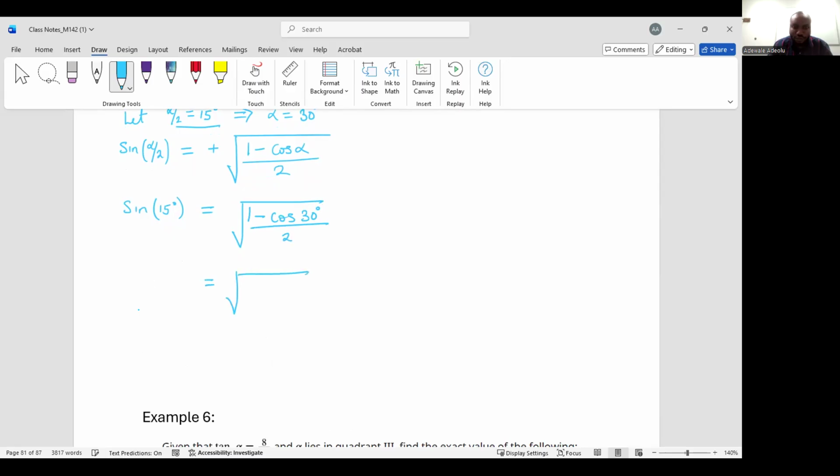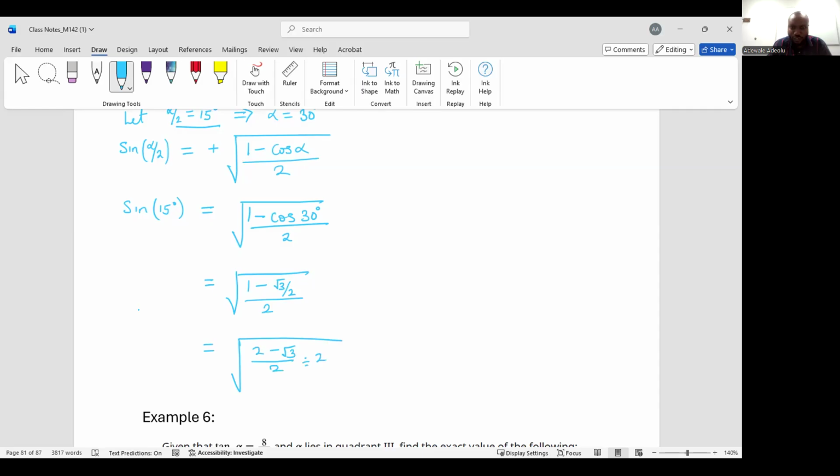So that is square root of 1 minus cosine of 30 degrees, from unit circle is root 3 over 2, so divide by 2.